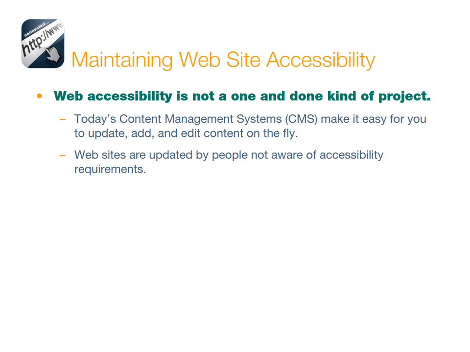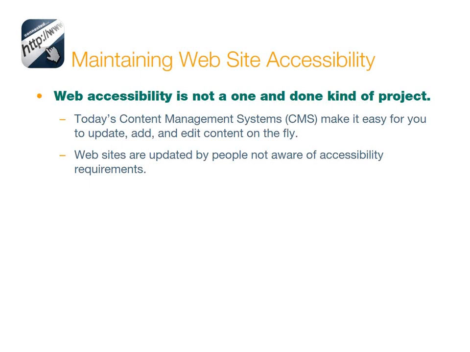And then obviously the issue is maintaining web accessibility. So if we go back to that judge's opinion in the Winn-Dixie case, he ordered Winn-Dixie to set up quarterly automated scans of their website. Web accessibility is not a one and done kind of project.